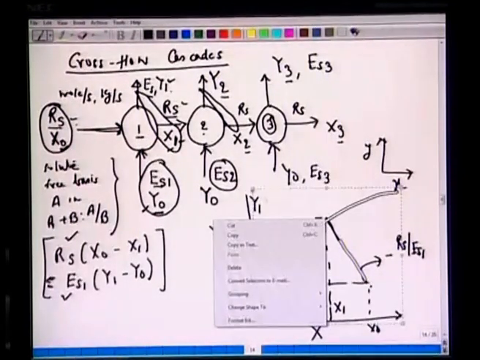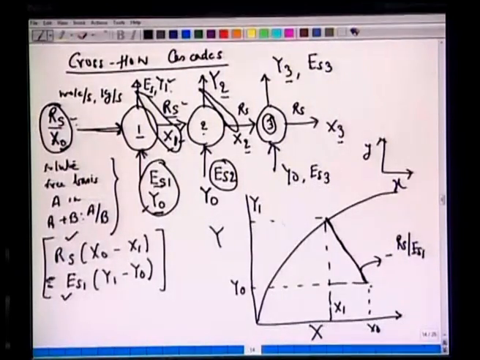The leaving streams y1 and x1 would be in equilibrium. Or, given y1 and x1, if we mark this point, one can connect these two points to get this operating curve with slope minus Rs over Es1. So it depends upon the type of problem which is formulated here. Okay. Now when the streams enter stage 2, it again encounters the same composition y0, but the flow rate is Es2.